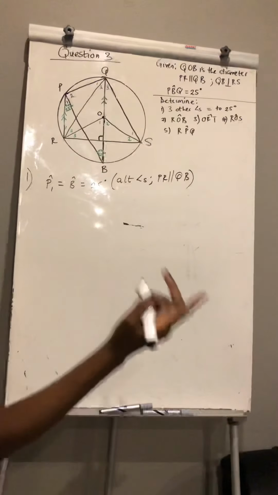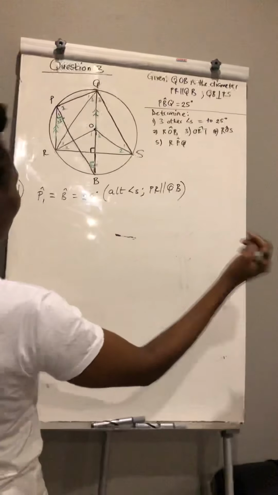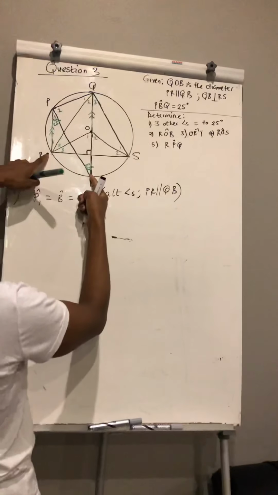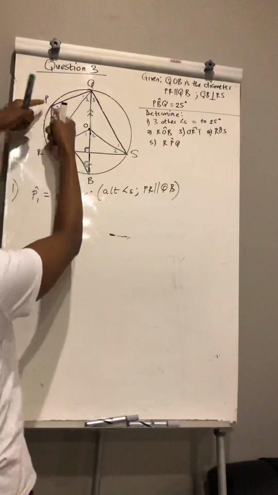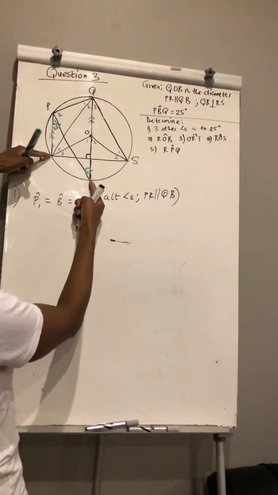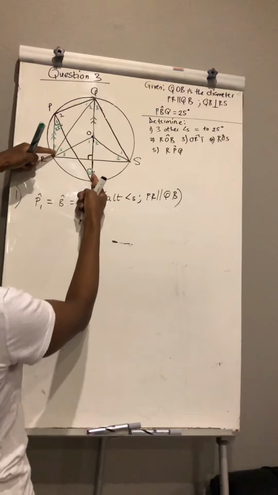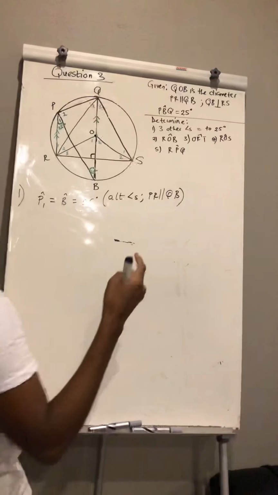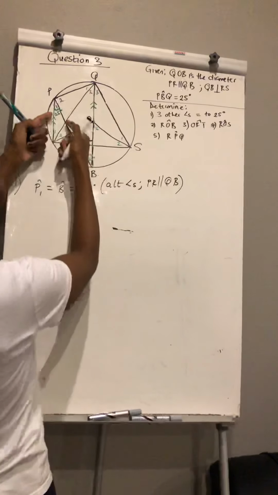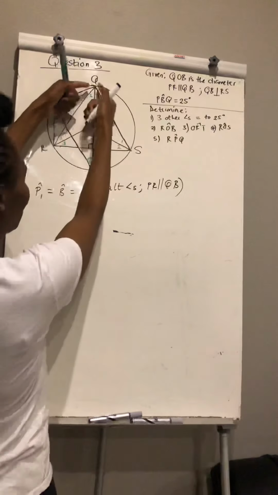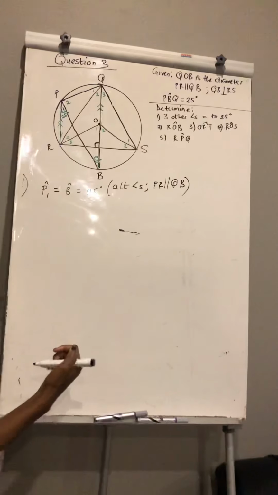I'm sure you'd use different methods, but I am going to do this. Look at RB. Notice it is the arc that is subtending P1. And this same RB is subtending angle Q2 on the circumference as well, which means we have a subtle bow tie right here. We're going to highlight it, but today I don't have many colors.